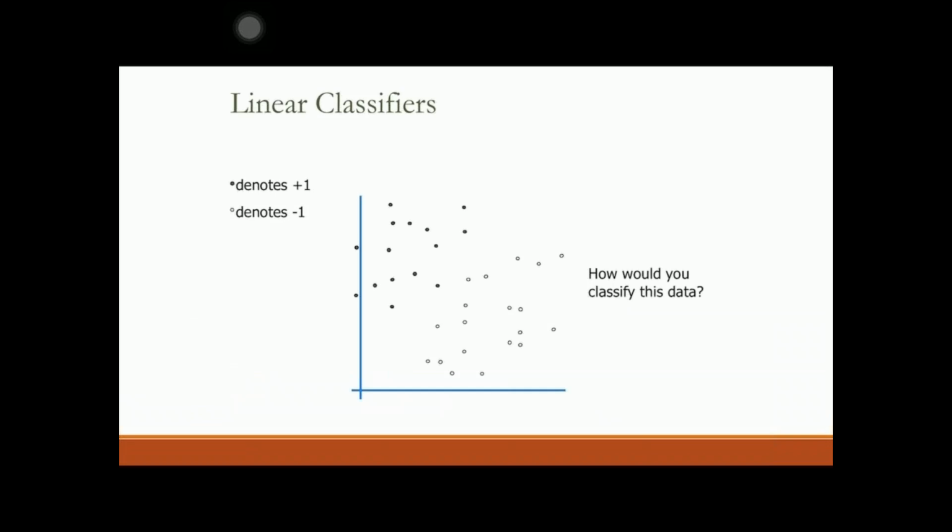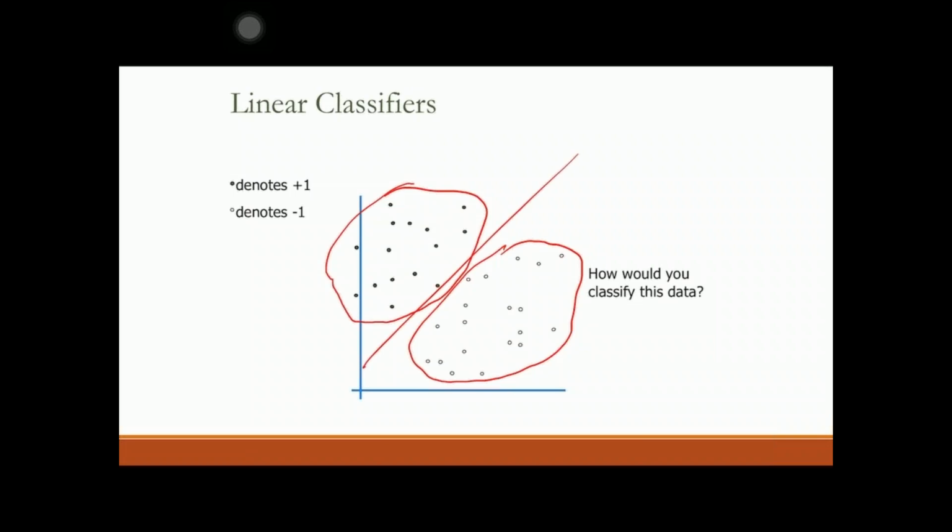So basically, first we'll talk about a linear classifier. What it does is, it says if my data is somewhere here and the other class is here, why don't you have a boundary between these two data sets?